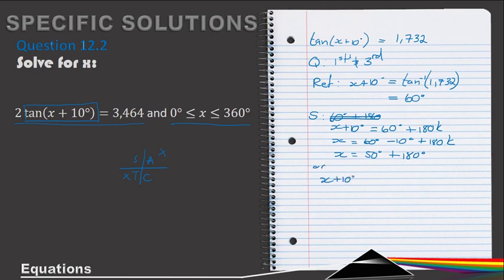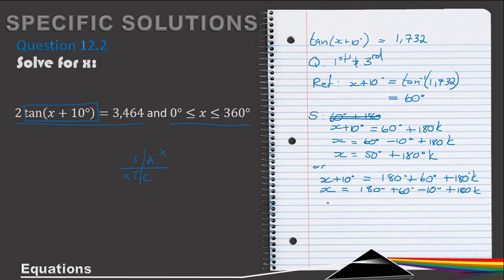Then the second general solution will be in the third quadrant, so x plus 10 is equal to 180 degrees plus the reference angle 60 degrees plus my period 180k. To solve for x, I take the 10 over, it's 180 plus 60 minus 10 degrees plus 180k.